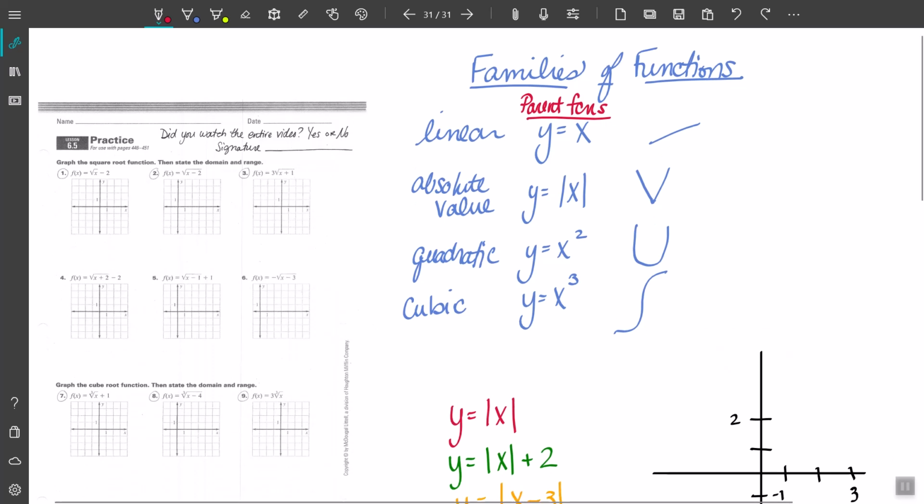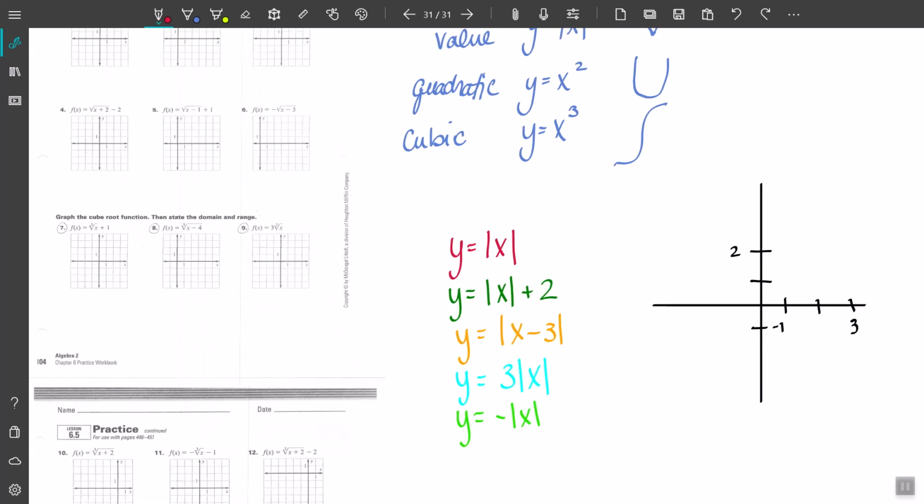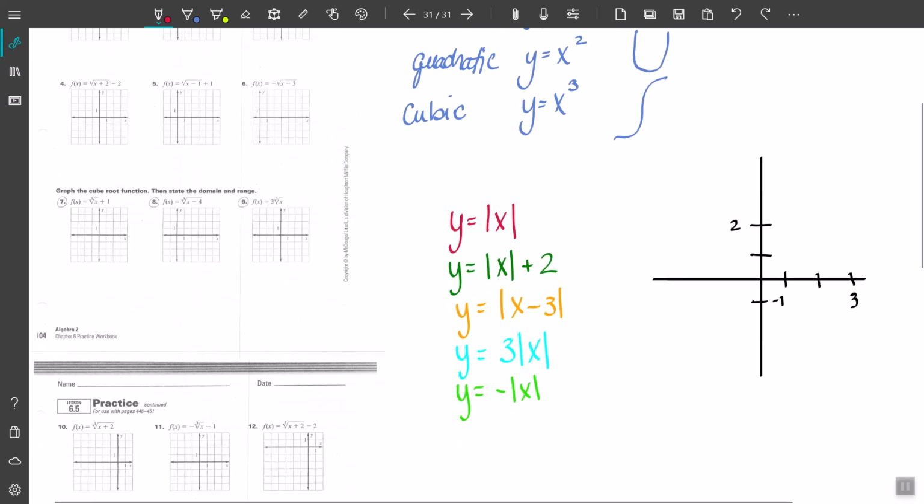I'm going to use the absolute value function to just review how we translated things on the graph based on the way that the function is written out. And so in red here, I have the parent function, y equals the absolute value of x. So that's going to take that V shape where it runs through the point (0, 0), then (1, 1), and then comes over here and runs through the point (-1, 1). All right, so this is the absolute value of x.